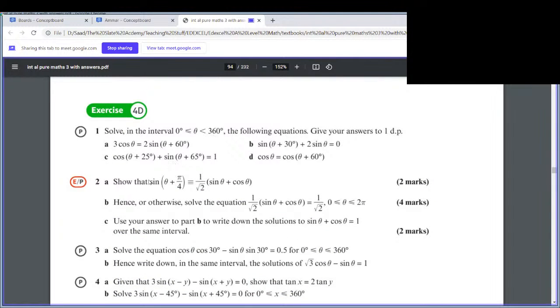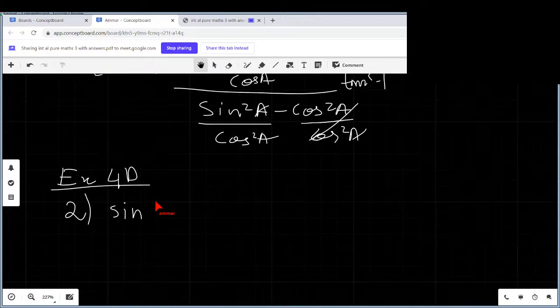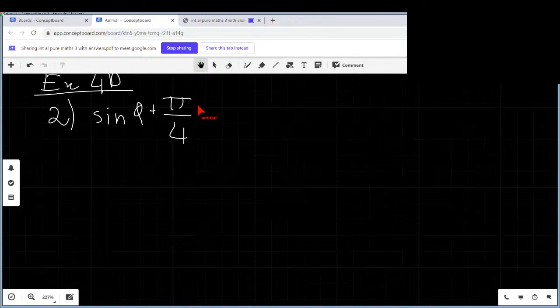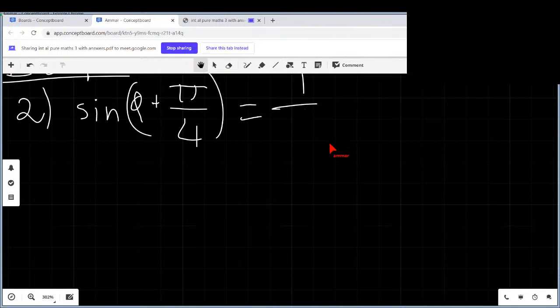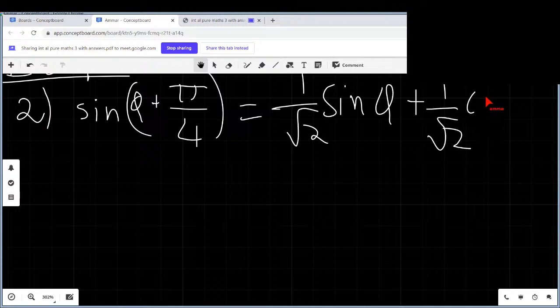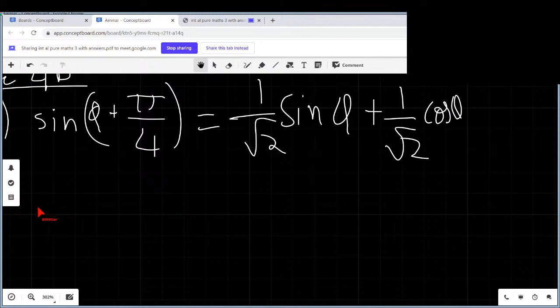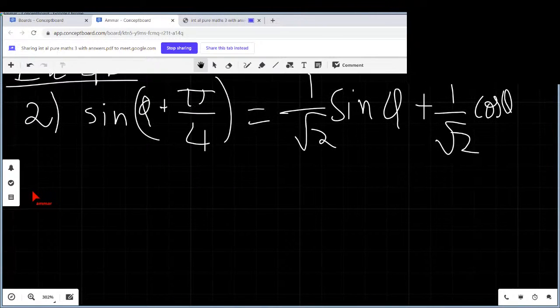Um, let's do two. To show that sine... Okay, so that means sine... So this means that... What does this mean?